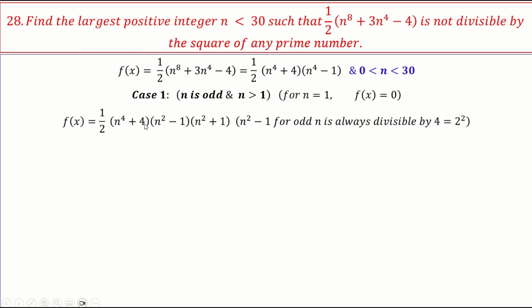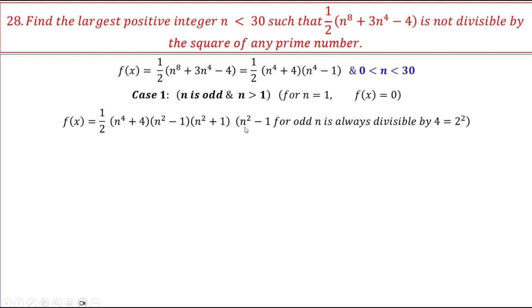Now you know this from number theory if you are good at it. For an odd n, n square minus 1 is always divisible by 4. Actually it is divisible by 8, but we are not interested in 8, we are interested in the square of a prime, which is 2 square, which is 4.